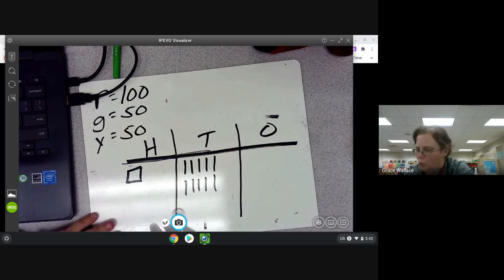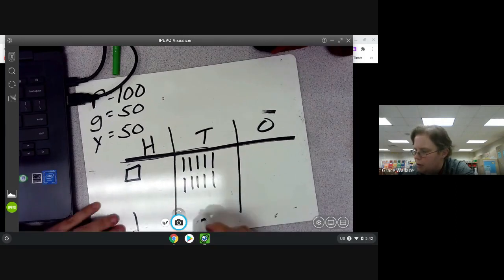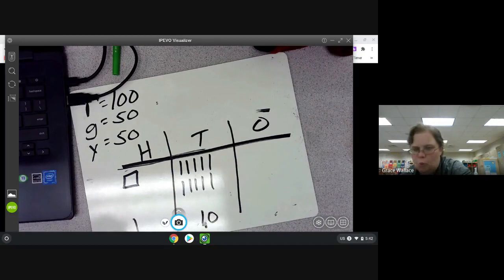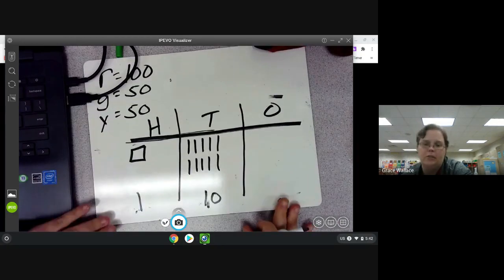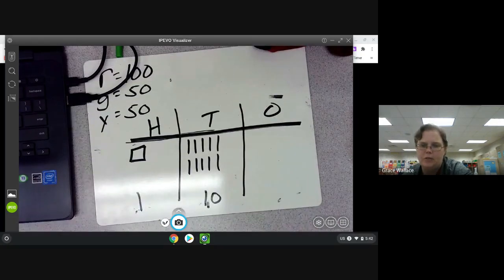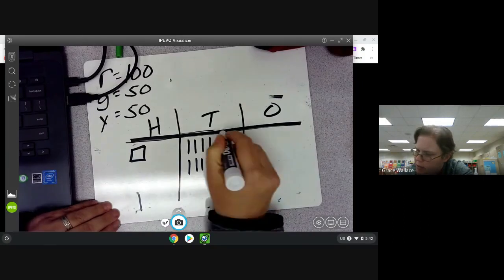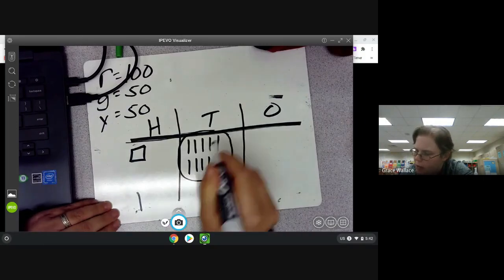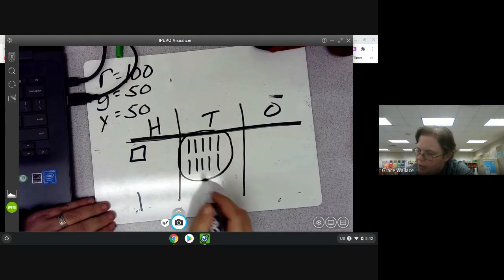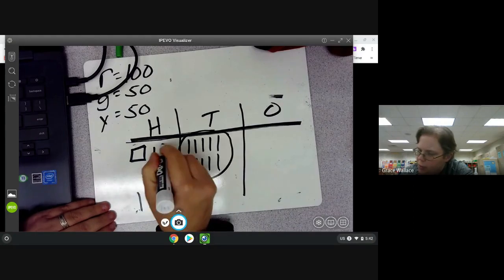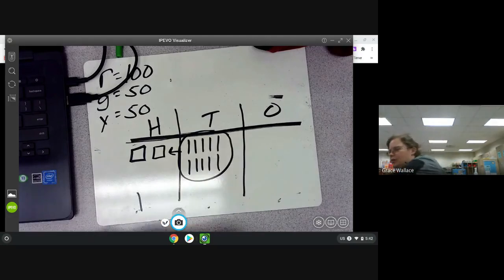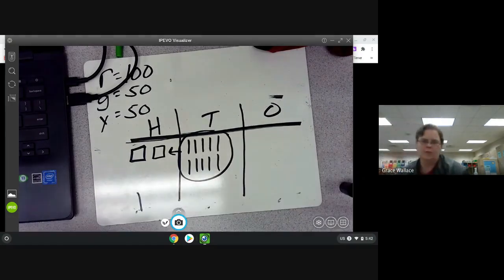So I have 100, 10 tens, sorry. 10 tens. Now I know 10 tens makes 100. We just did that. I know 10 tens make 100. So I'm going to move that over there. 10 tens make 100.